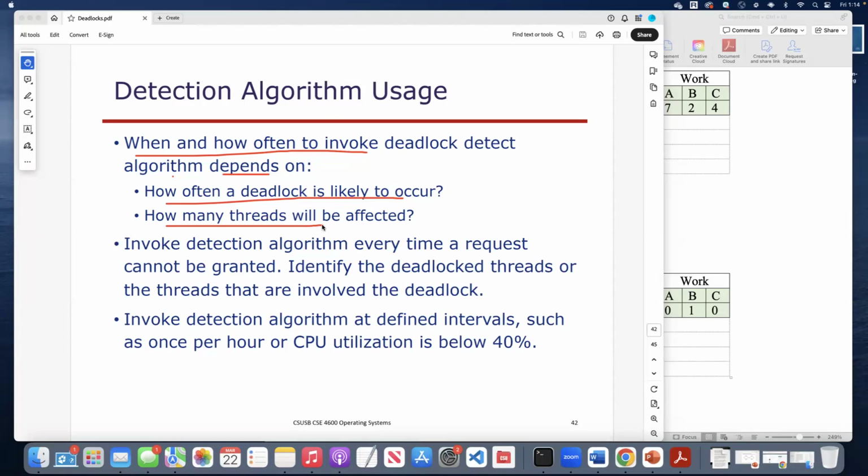So this request may be the final request that completes a chain of waiting threads. So in this case, we can invoke deadlock detection algorithm every time a request cannot be granted. In this case, we can identify the deadlocked threads that are involved in the deadlock.